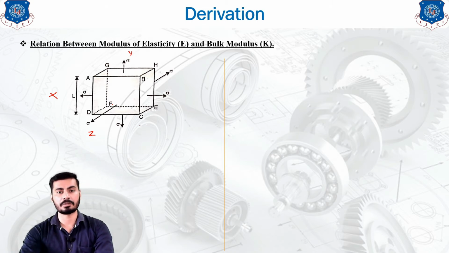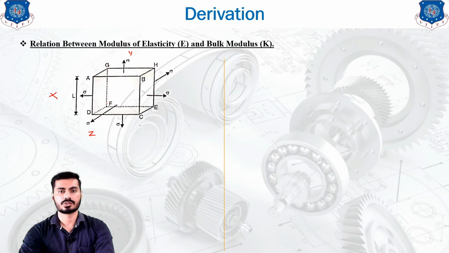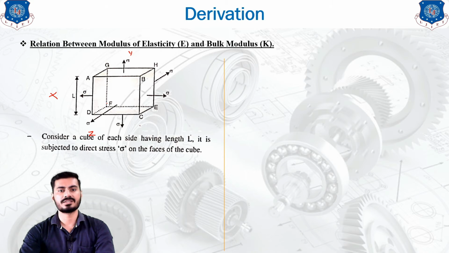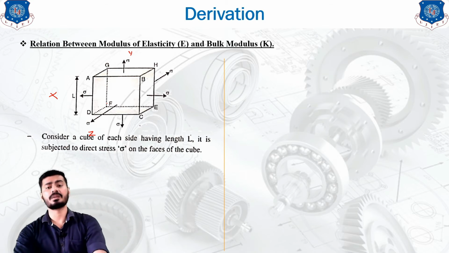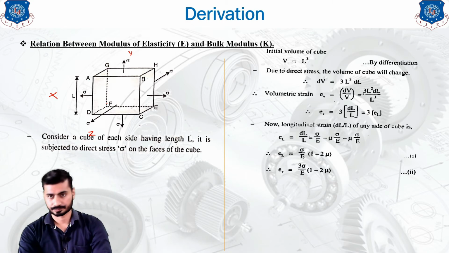The corner points of the block are represented by A, B, C, D, E, F, G, H, just to identify the planes on which we have applied the stresses. So consider a cube of each side having length L, which is subjected to a direct stress of sigma on the faces of the cube.